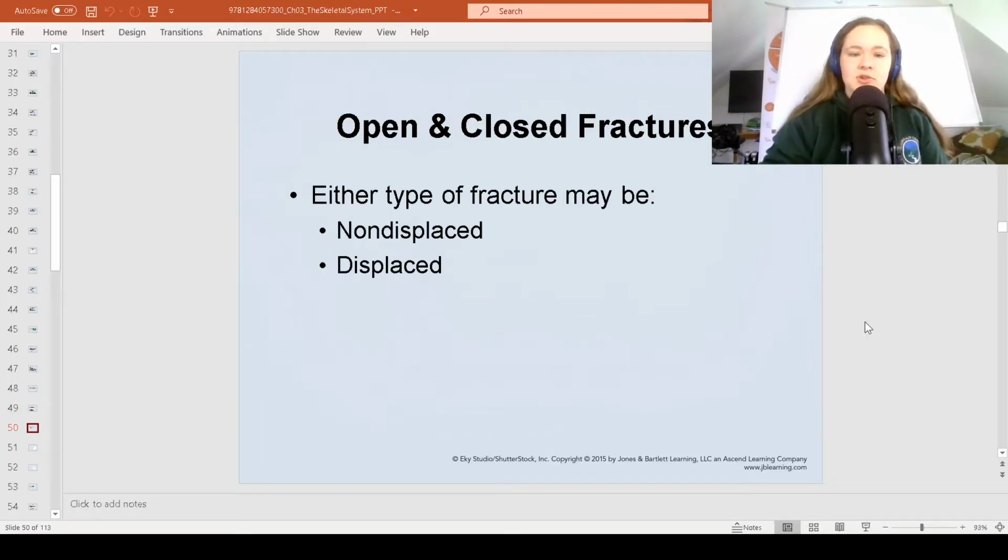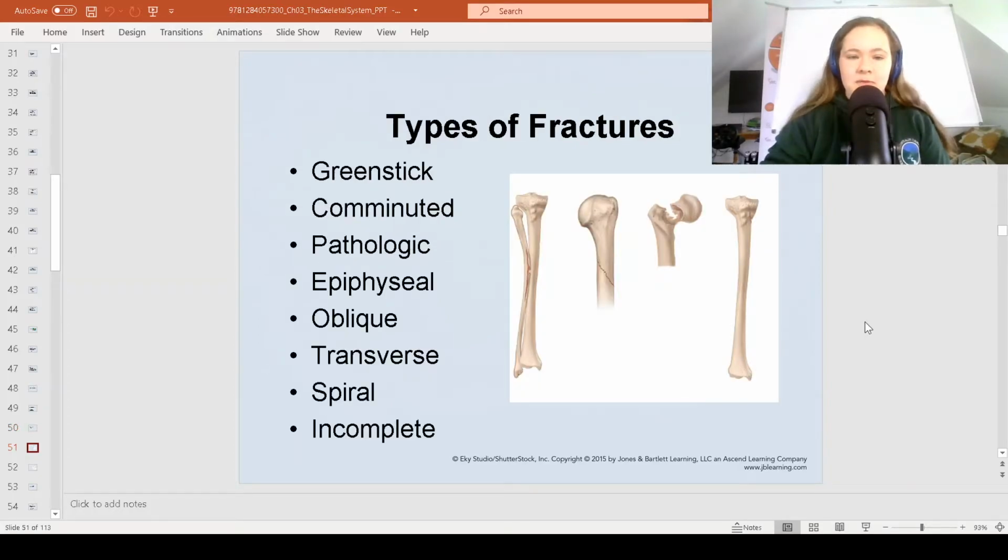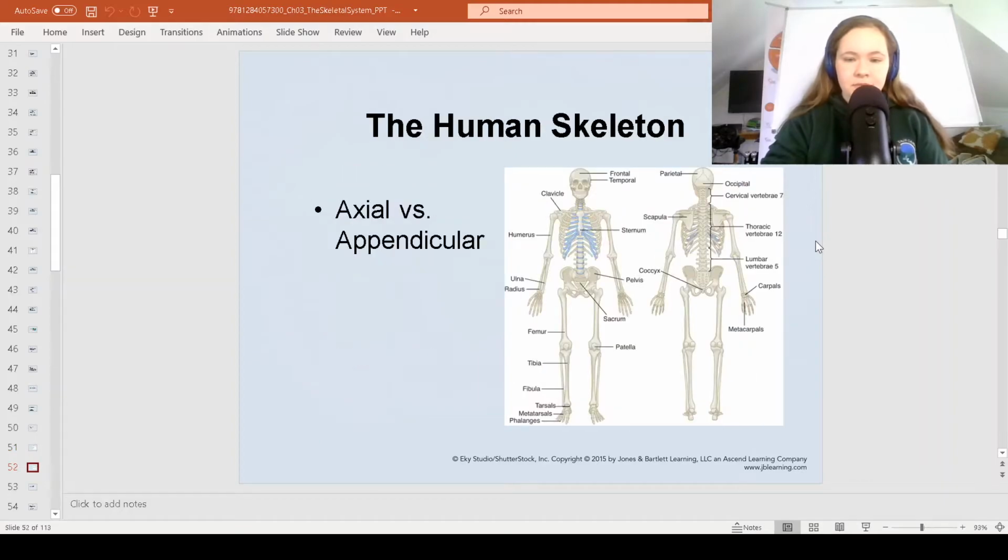Either type of fracture may be non-displaced or displaced. The types of fractures are greenstick, comminuted, pathologic, epiphyseal, oblique, transverse, spiral, and incomplete. Here you can actually see an incomplete fracture. Incomplete is not all the way cut through.